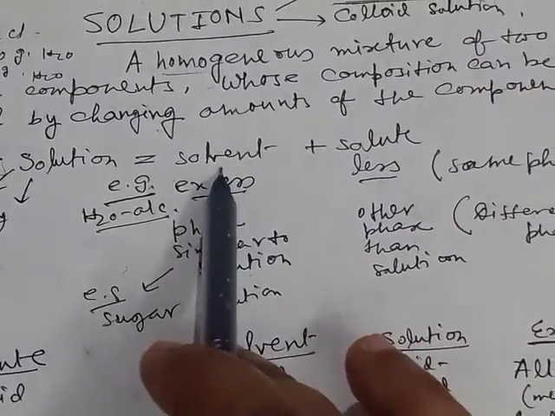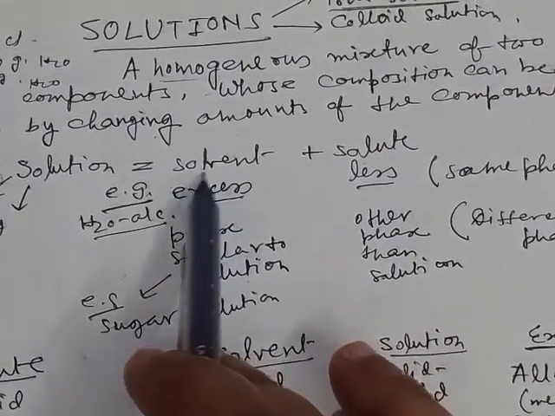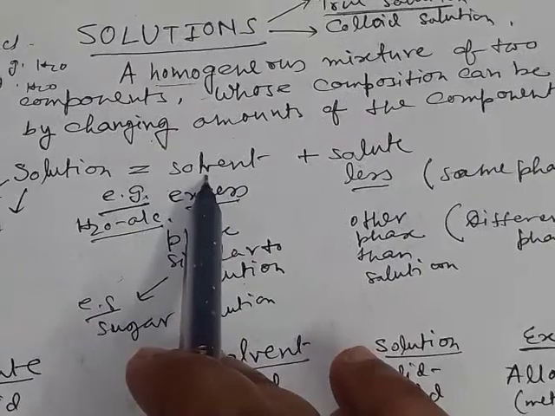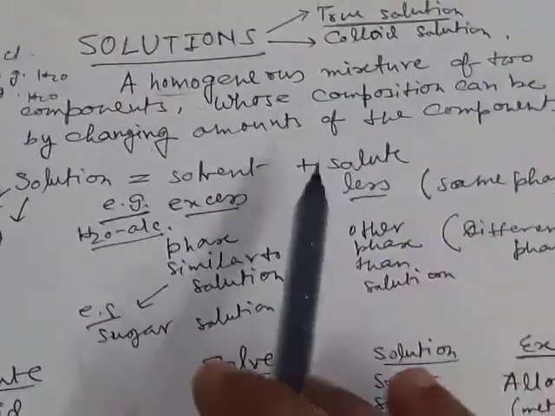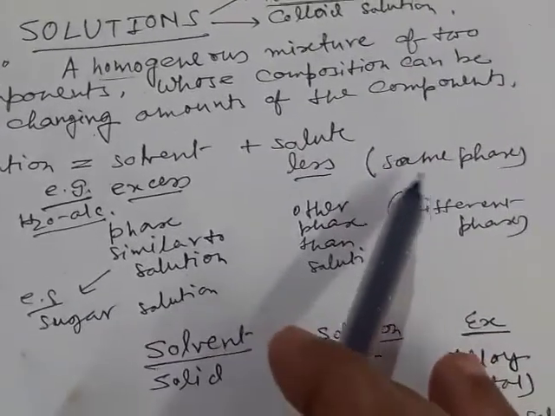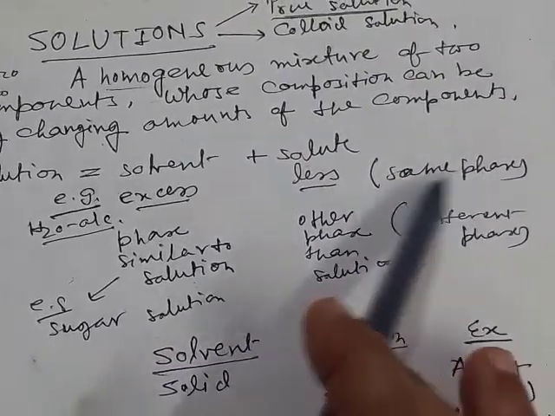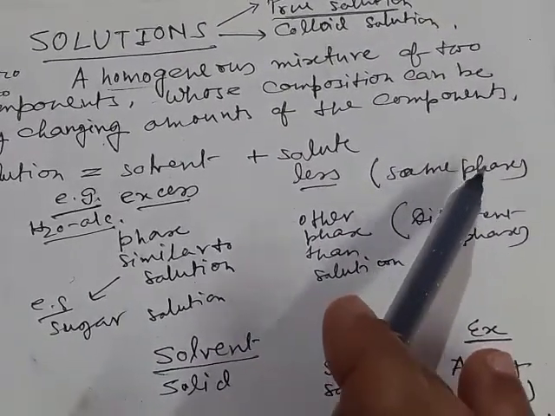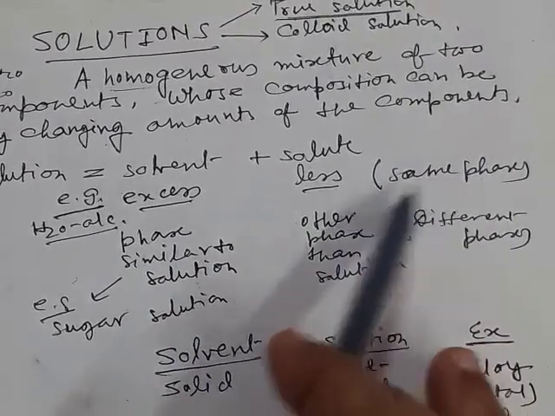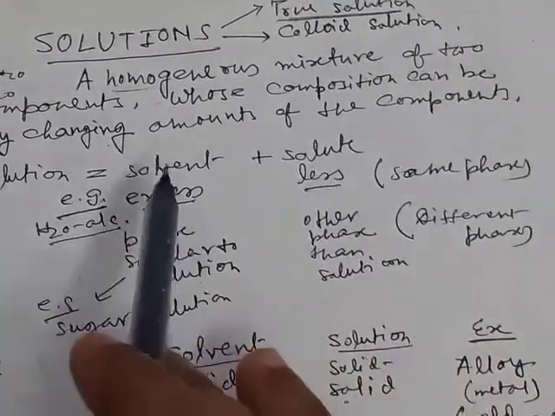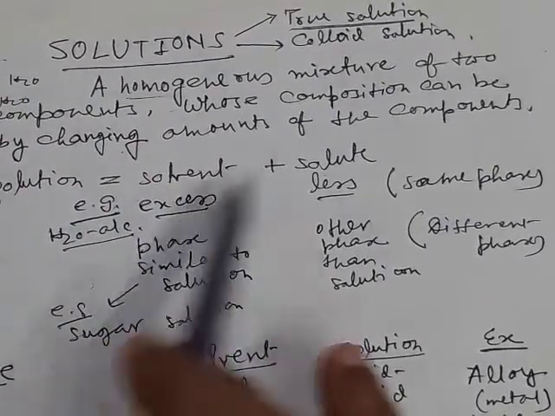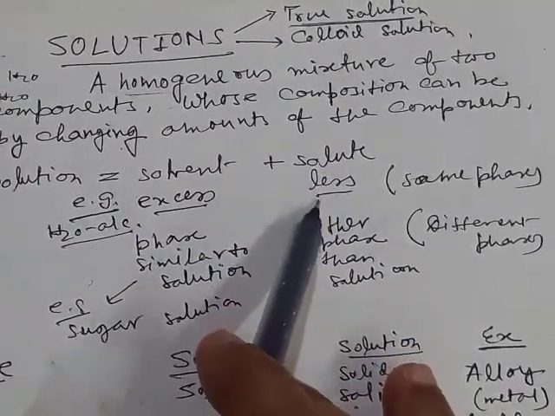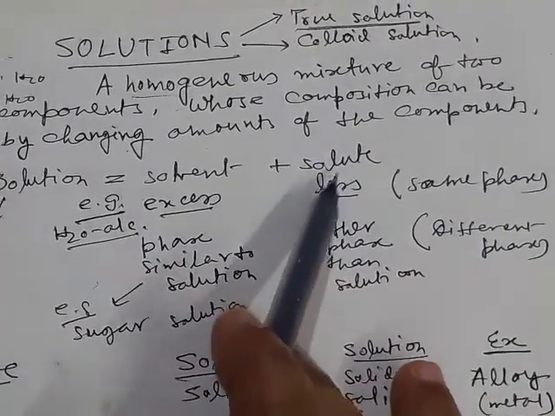Now which component will we say is solvent, and which is solute? If the two components are in the same phase, that is they may be solid, liquid or gas, then the component which remains in excess is called solvent, and the component which remains in less amount is called solute.